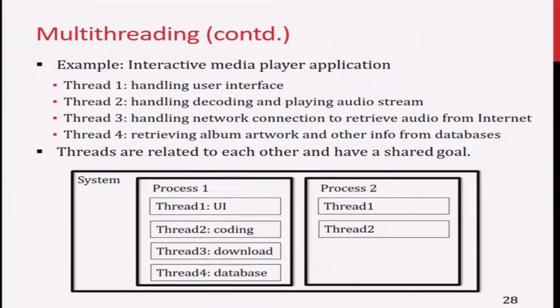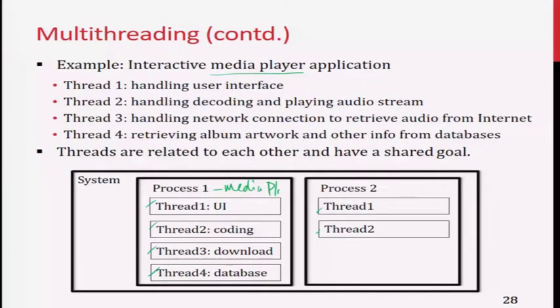Within a process 1, for example, I can have multiple threads. A process 2 may have multiple threads and so on. For example, now I have a media player, and this media player is your process 1 here. For a media player to function, what must it have?